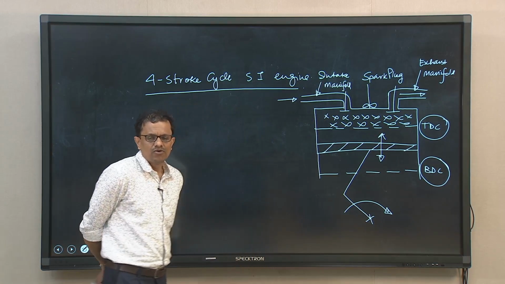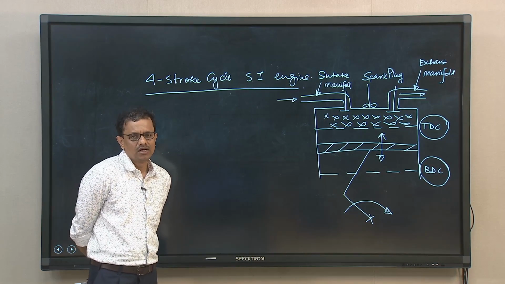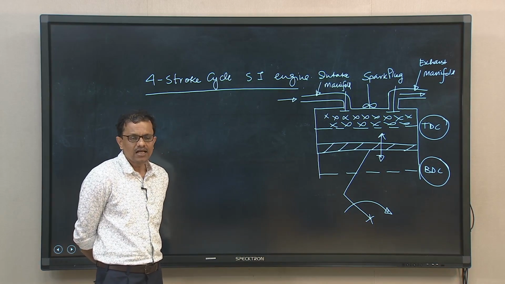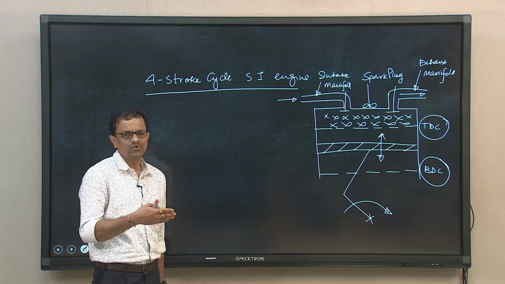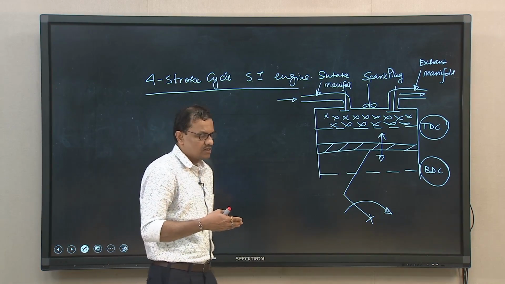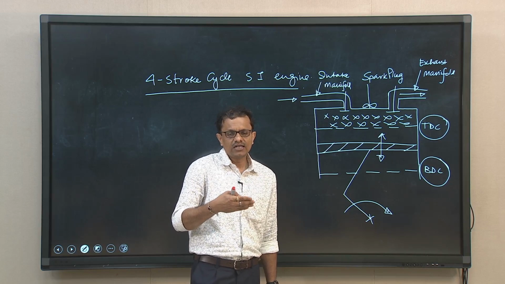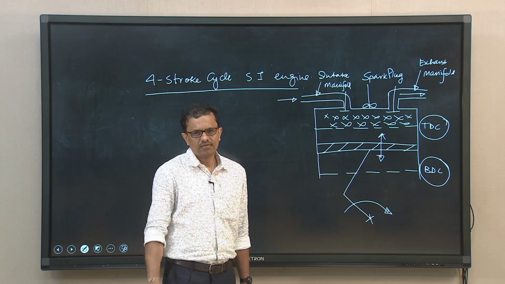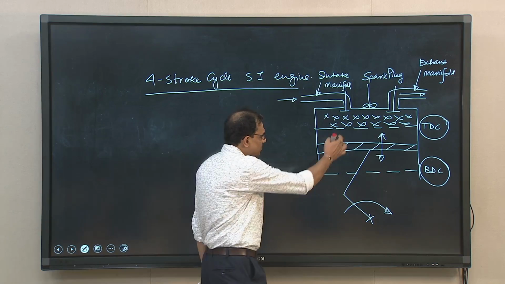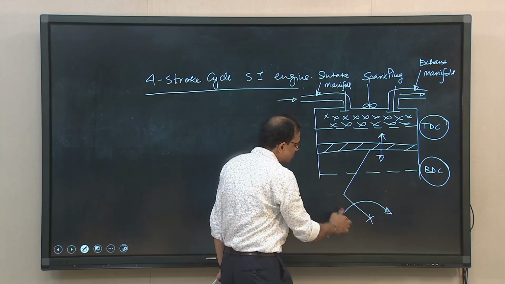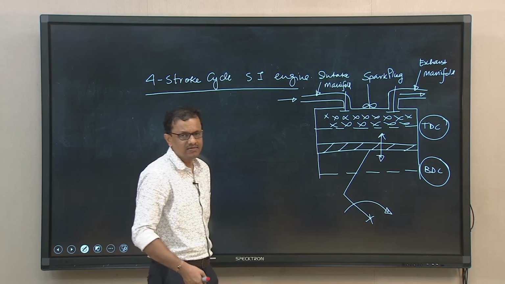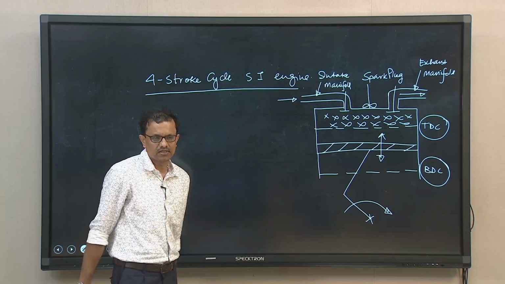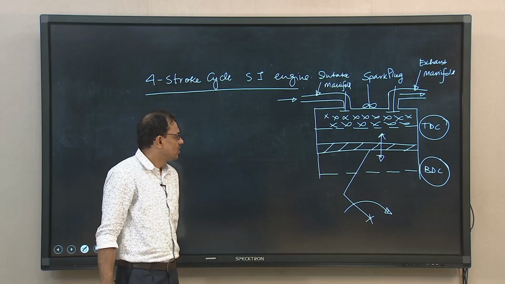So, these 4 different strokes are executed in a cyclic manner, because the reciprocating motion is converted into rotary motion using the crank and connecting rod mechanism, and we can drive a 2-wheeler or 4-wheeler.